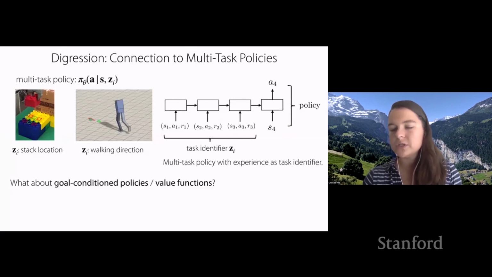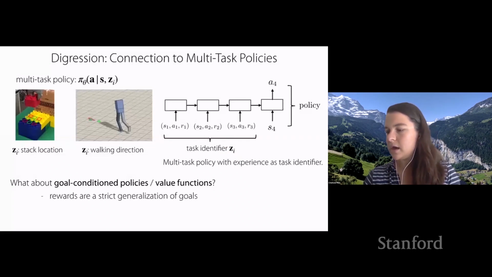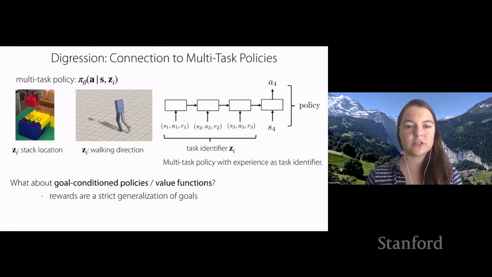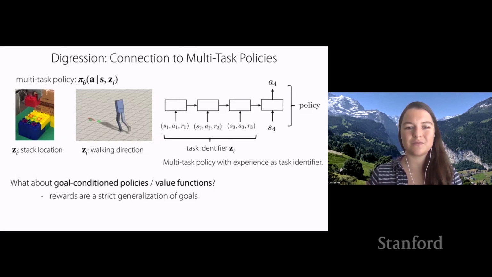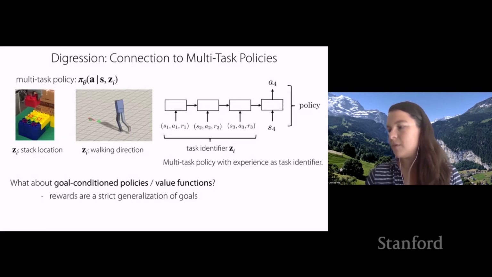We also talked about goal-conditioned policies before in goal-conditioned RL. And in that setting, the task identifier corresponds to different goals. And in this way, you can view meta-RL as a strict generalization of goal-conditioned RL, because rewards can express things other than goal-reaching tasks, although of course you can also apply it to goal-reaching tasks as well.